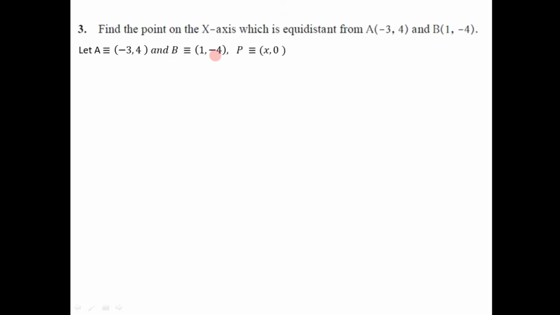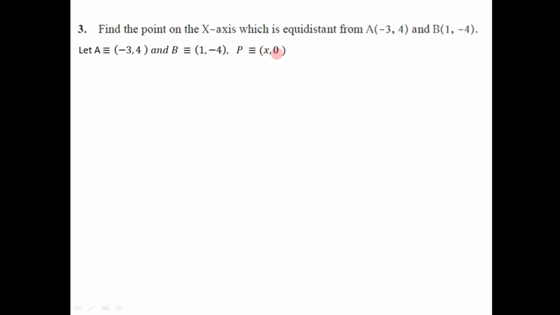Now we have to find the coordinates of a point which is on x-axis. So let its coordinate be (x, 0). Now here we have taken the y coordinate of point P as 0 because it is given that that point is on x-axis, and we know that the y coordinate of any point on x-axis is 0.